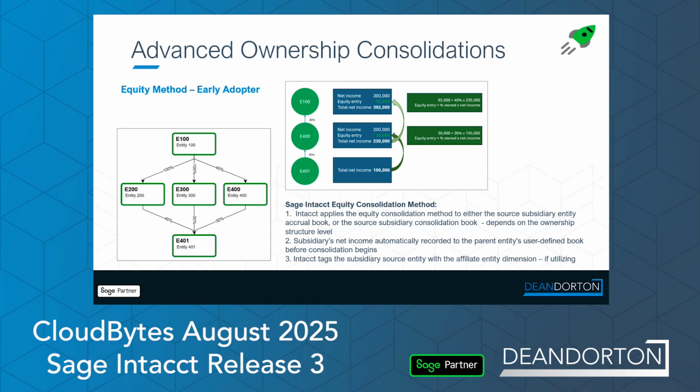So if that's something you want to look at, please let us know. As a note, it is inside the advanced ownership consolidations module. So if you do not have that module, it would be a purchase to get that module in order to take advantage of this equity method of consolidation. But reach out to us. If that's important for you, it might be something that's definitely worthwhile.